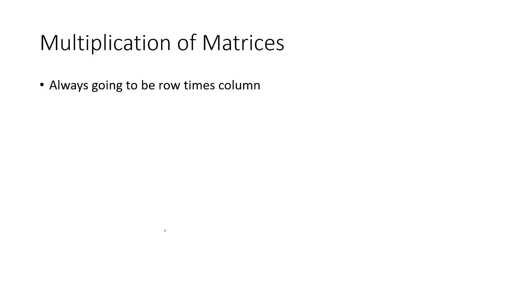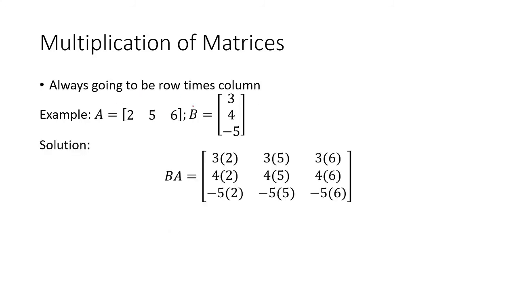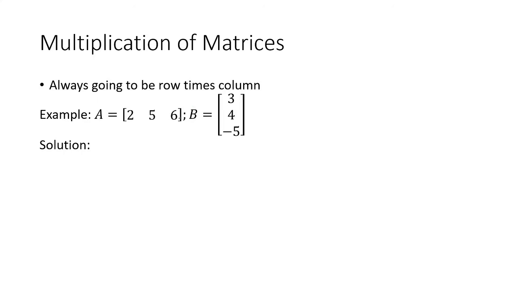So balik tayo, always going to be rows times column. Example, A is equal to the same. Ang atong pangitaon is B times A. Same na po 1 by 3 and then kanina 3 by 1.